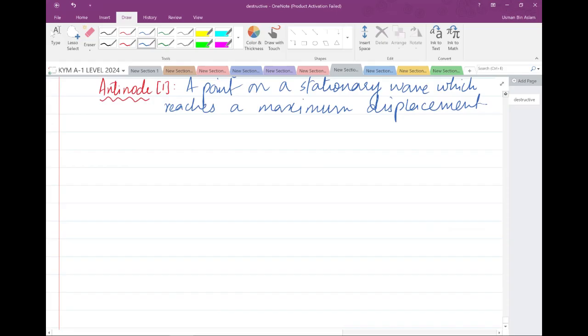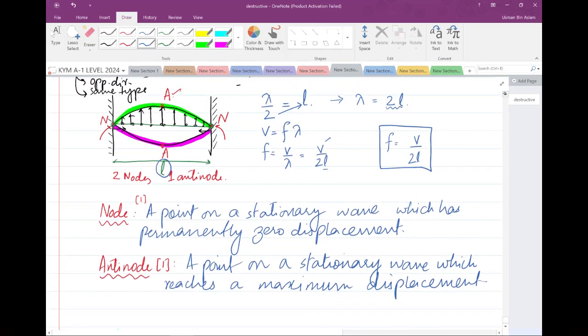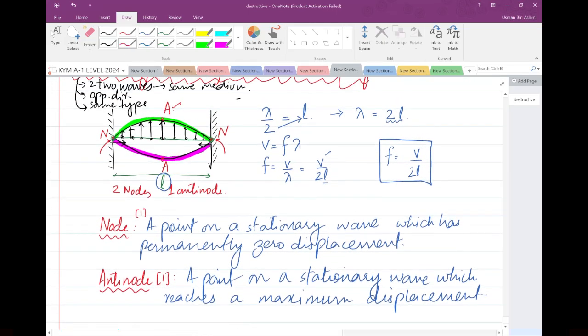Before that, I'd like to tell you that right now, this frequency is called the fundamental frequency, or we also call it the first harmonic. What does that mean?